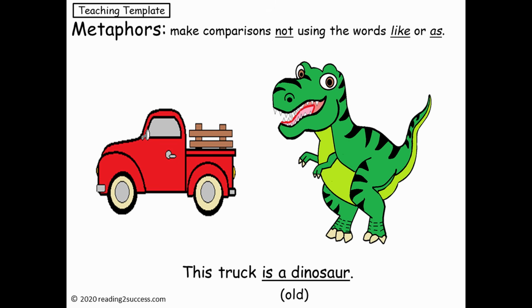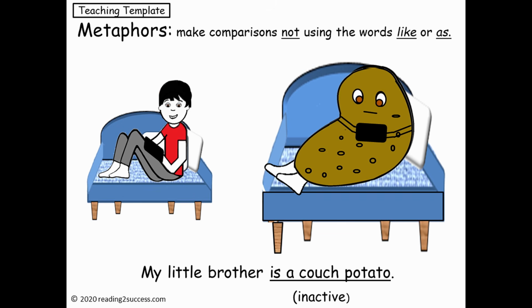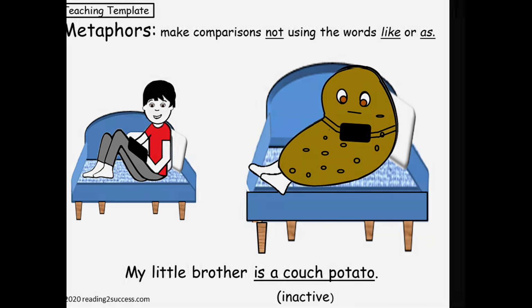In this example, a comparison is made between this truck and a dinosaur, meaning they are both old. In this example, a comparison is made between my little brother and a couch potato, meaning that they are both inactive.